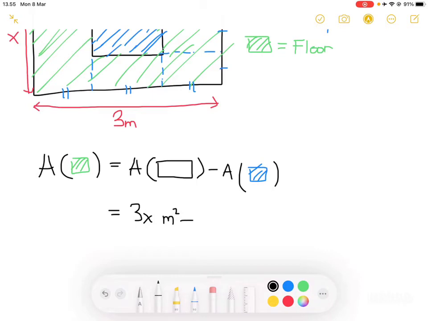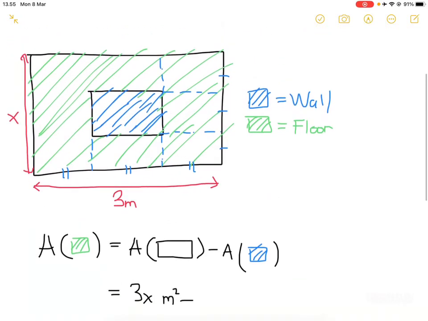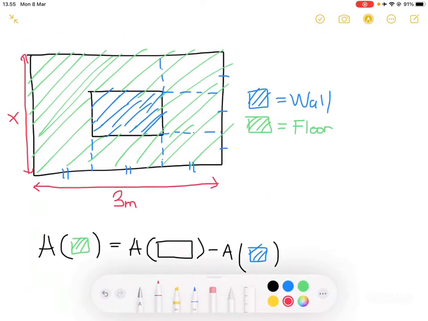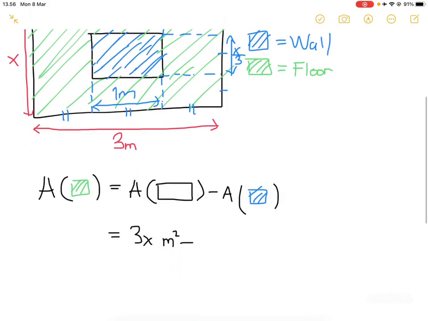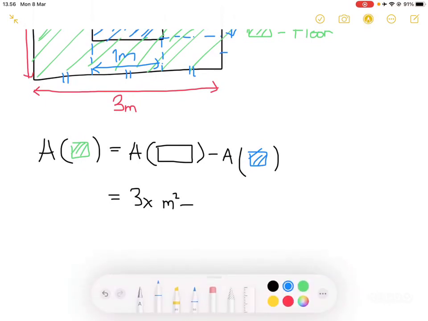Minus the area of the blue wall. Well, notice that the wall is designed such that the length right here and the width right here are evenly distributed. So we know that this length right here is just 1 meter, and this length right here will be x over 3 meters. So therefore the area of the wall is x over 3 meters squared.